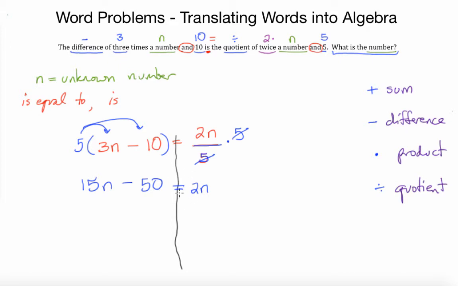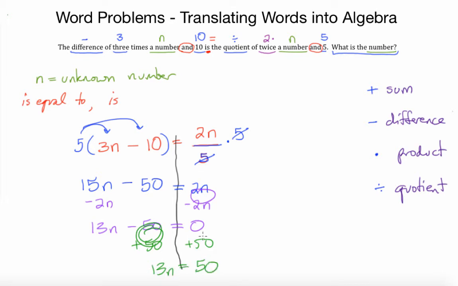It's going to be a little bit easier to work with. All right, I need to get n by itself, so I'm going to subtract 2n from both sides. Leaves just 0 on the right, and now I've got 13n minus 50. Now I want to get that n all by itself, so I'm going to add 50 to both sides. Minus 50 plus 50, those go to 0. So now we're at 13 times my unknown number has to equal 50. I've got 13n equals 50.